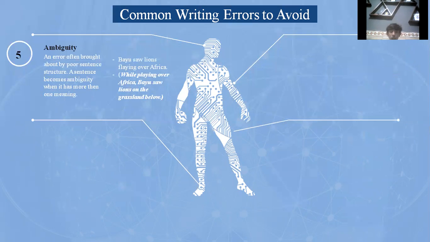Next is ambiguity. Ambiguity is an error often brought about by poor sentence structure. A sentence becomes ambiguous when it has more than one meaning. For example, "Bayu saw lions flying over Africa."